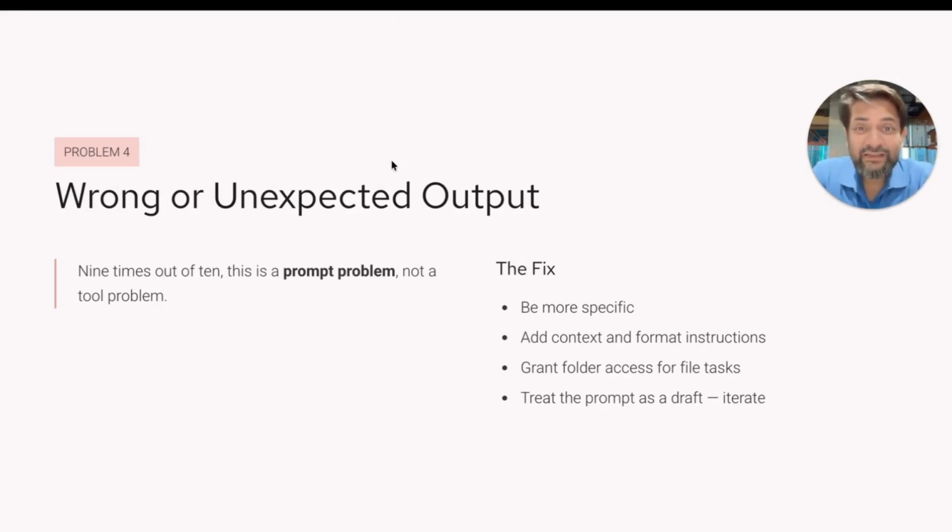The fix: edit your scheduled task prompt to be more specific, add context, tell Claude exactly what format you want, what to include and what to ignore. If your task reads files, make sure you have granted folder access so Claude has the context it needs, and remember the iteration approach we covered back in section 2. Treat your prompt like a draft, review the output, refine and repeat.